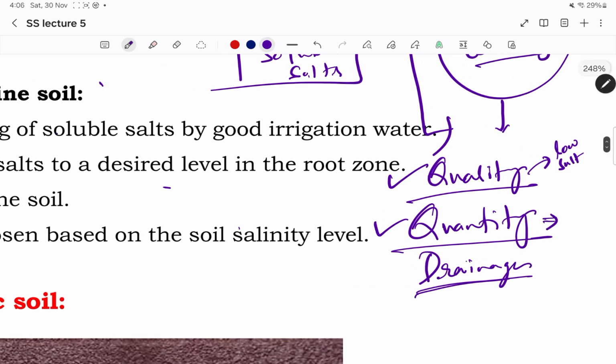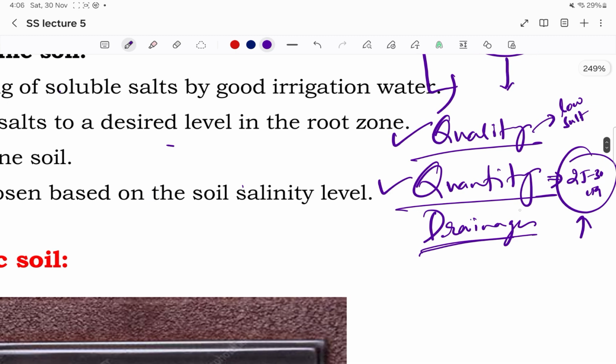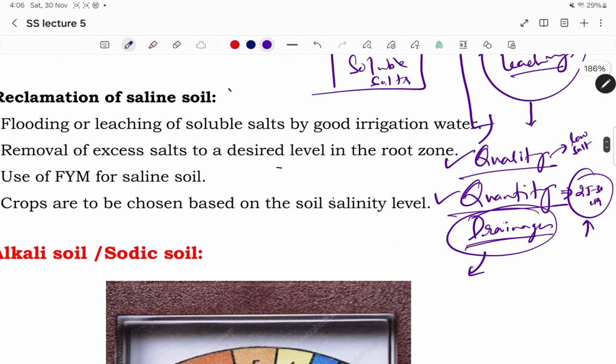For example, if the root zone is 25 to 30 centimeter, then we have to supply enough irrigation water to remove the excess salts. Based on the root zone, we have to supply the adequate amount of water. In case of drainage, if you are supplying the adequate amount of water, there should be proper drainage so that whatever salt is present in the soil gets leached.